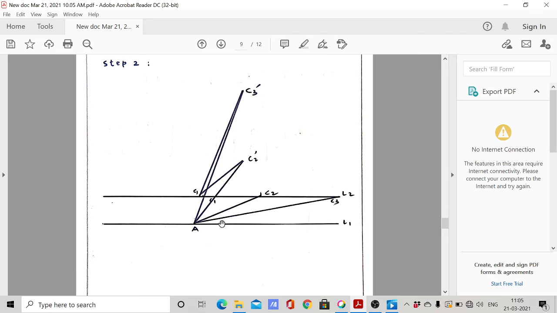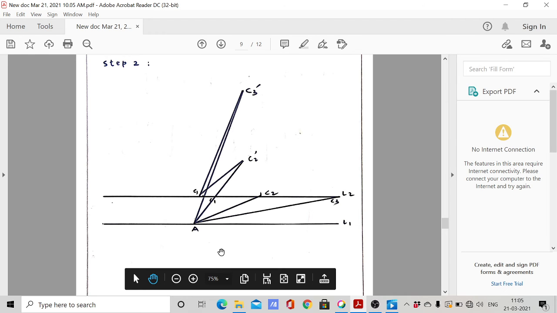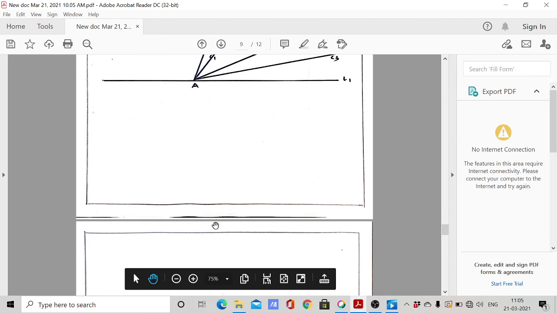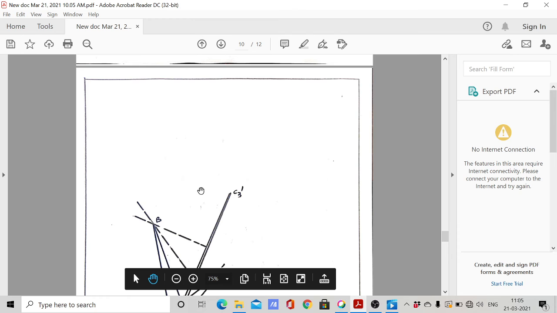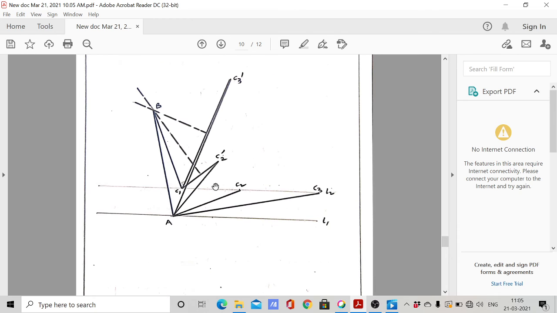Our next step would be to join C1 C2 dash and C1 C3 dash by a line. Next, we need to draw mid-normals of the lines C1 C2 dash and C1 C3 dash. See, you can see here these dashed lines.